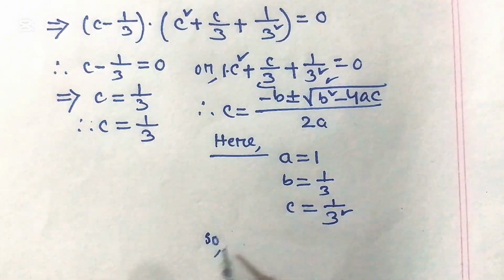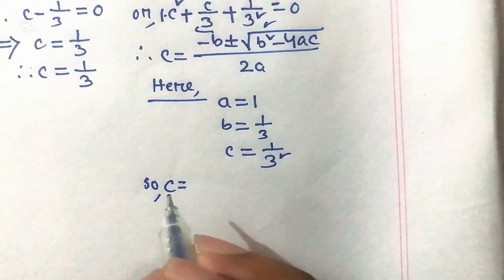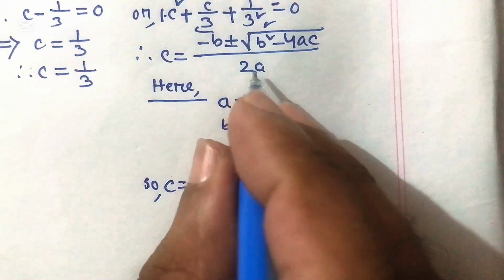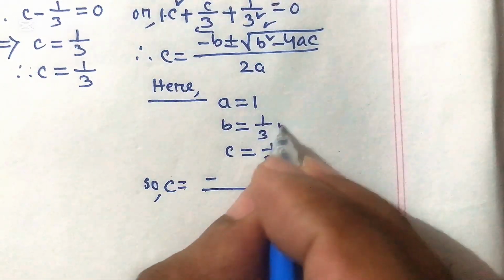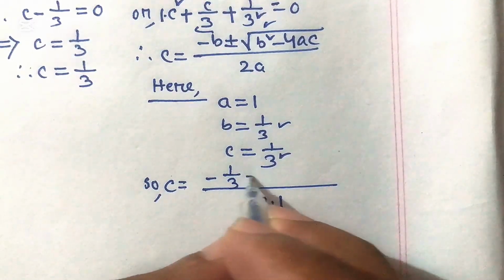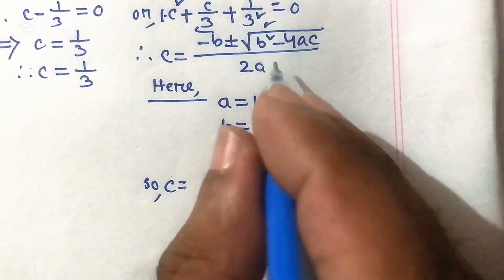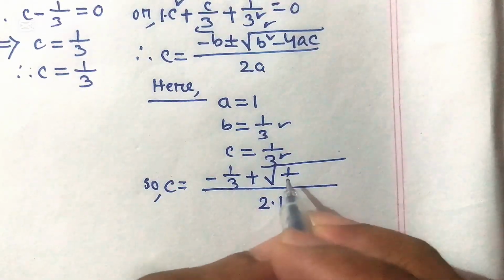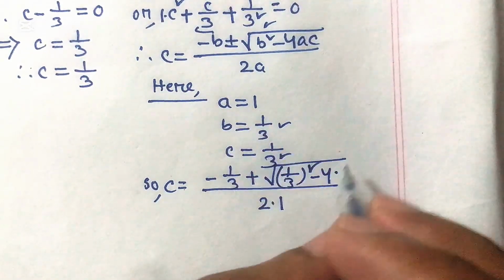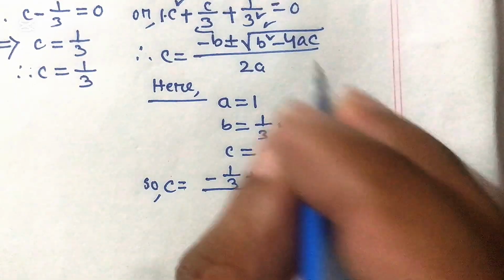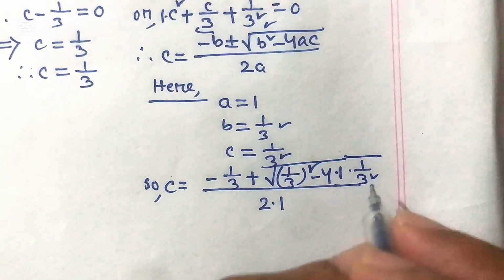So c is equal to (−1/3 ± √((1/3)² − 4·1·(1/3)²)) / (2·1).